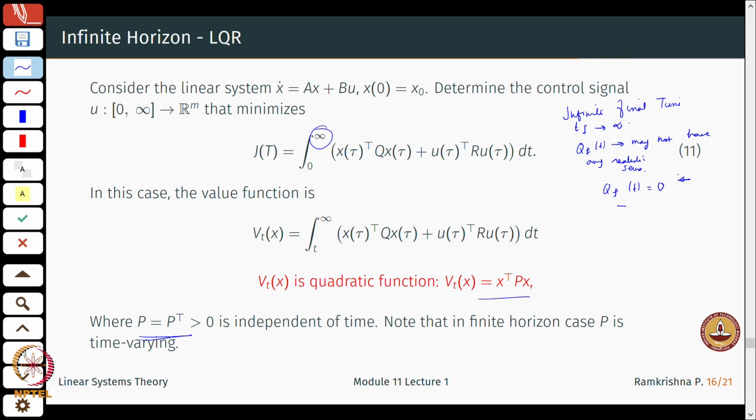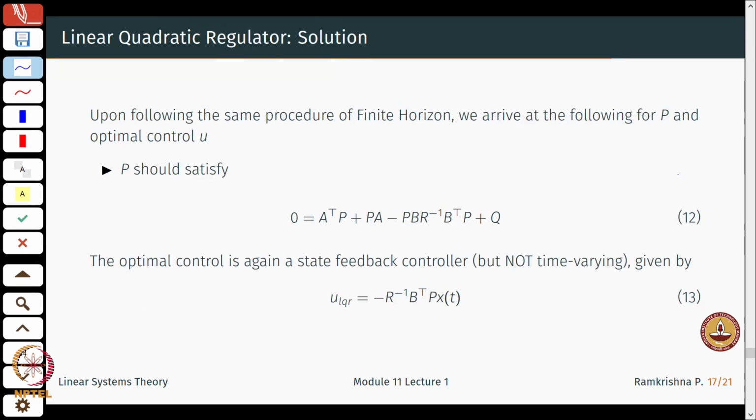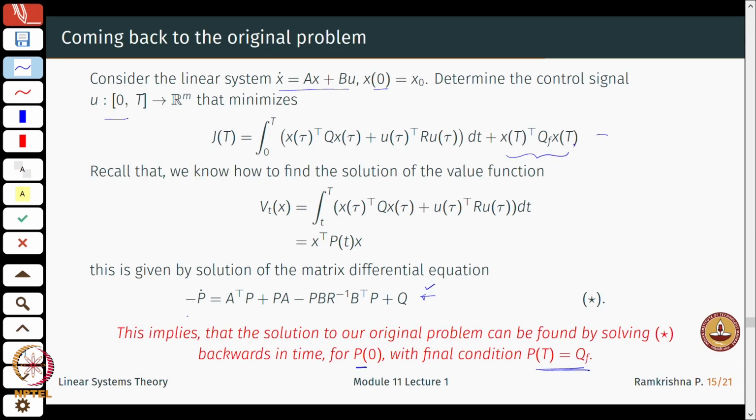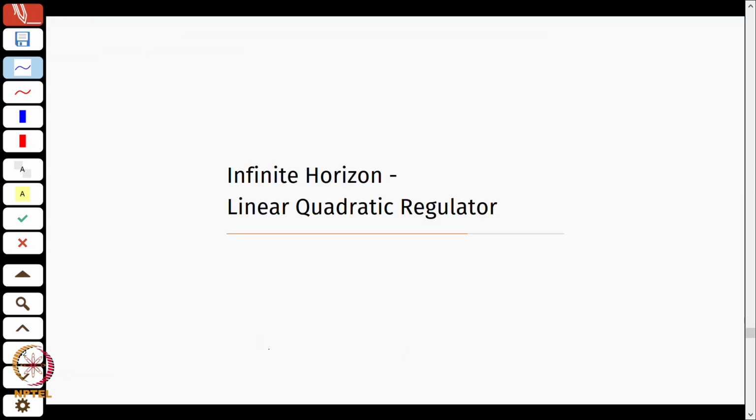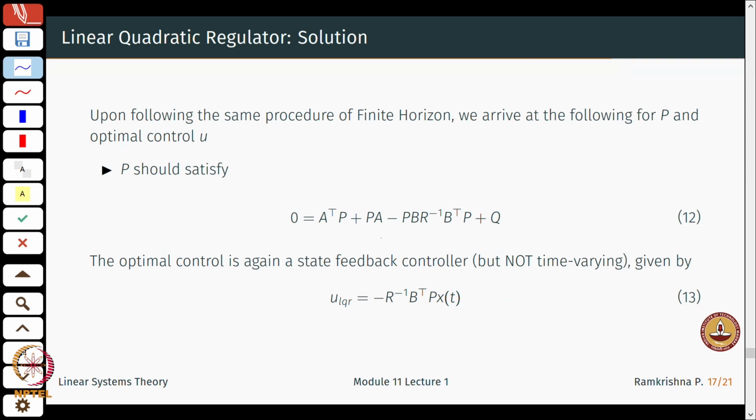Okay. Now the problem turns out to be pretty simple. I am just looking for a solution. So instead of a matrix differential equation, I will just have a nonlinear equation here, with no differential term. The solution that gives me the optimal control law is minus R inverse B transpose P times X, where P is now the solution of this equation number 12.